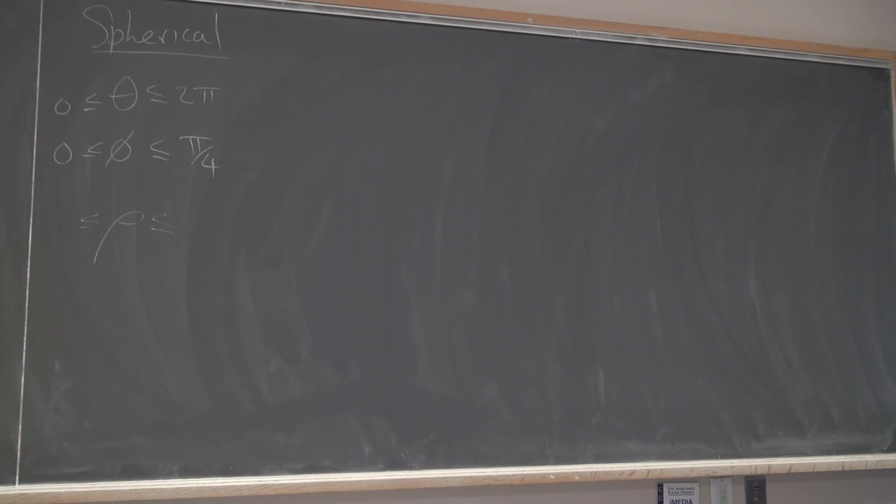Where's rho measuring? From the origin to where? It can extend as far as here. It's extending to what surface at any given time? It's extending to that sphere. Okay, so what's the distance from the origin to the top of this sphere?